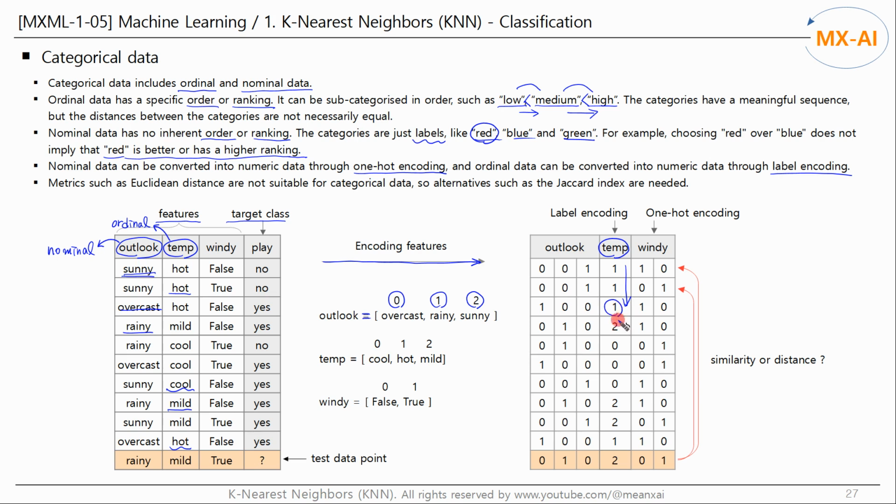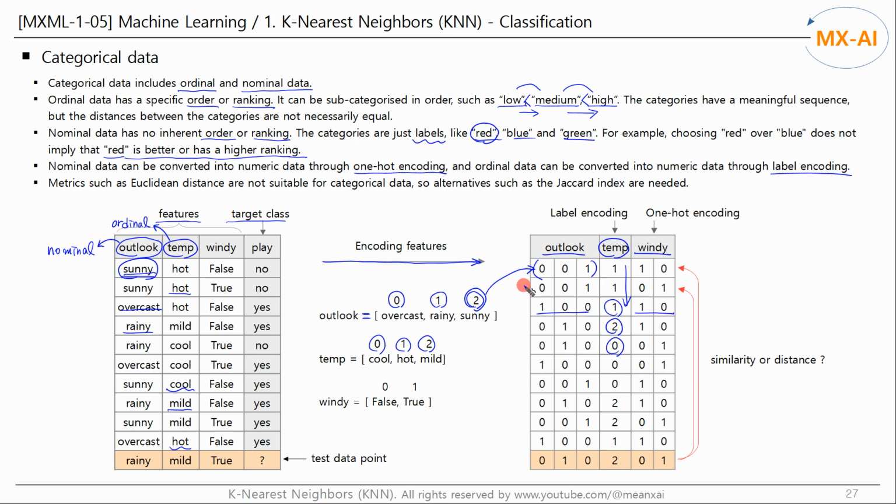These numbers are the unique integer values defined on the left. The features outlook and windy can be considered as nominal features and can be transformed into one-hot encoded vectors as follows. For example, sunny in the feature outlook is defined as the number 2, so it is converted to 001.